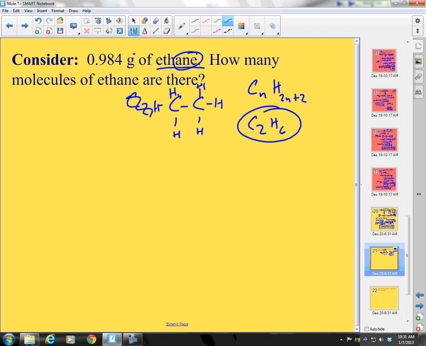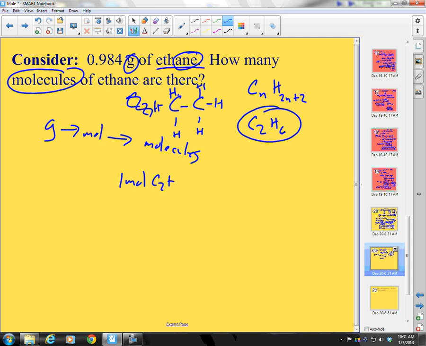Good. Grams to molecules. That means I have to go from grams to moles, and then moles to molecules. Good. I can go from moles to molecules, right? 1 mole of ethane, C2H6, is easy. 6.022 times 10 to the 23rd molecules of ethane.